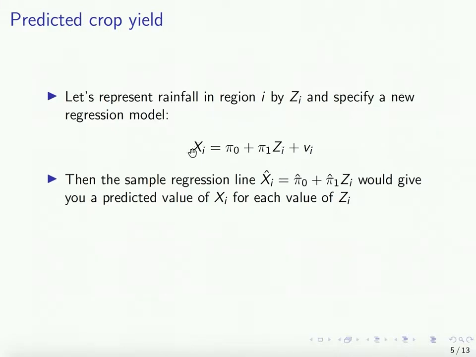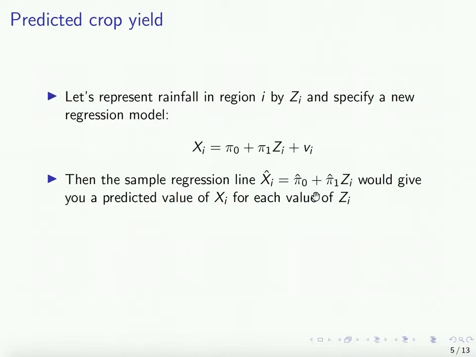So abstract from the fact that this xi was in our previous scenario the independent variable. Now it's the dependent variable. If xi is now our dependent variable, and I estimate this model, I can use my sample regression line to predict x's. I'm giving you some z, you're multiplying it by pi hat 1 and pi hat 0, and I'm going to predict an x hat.